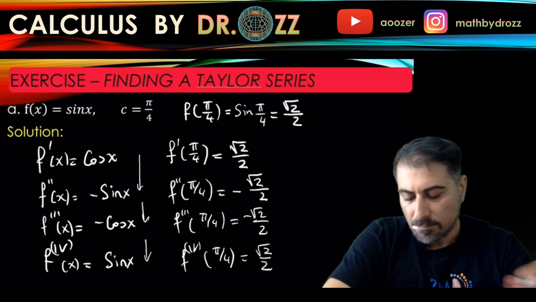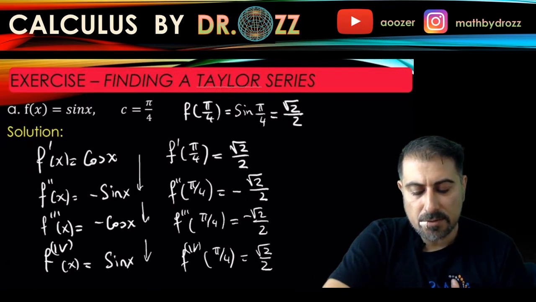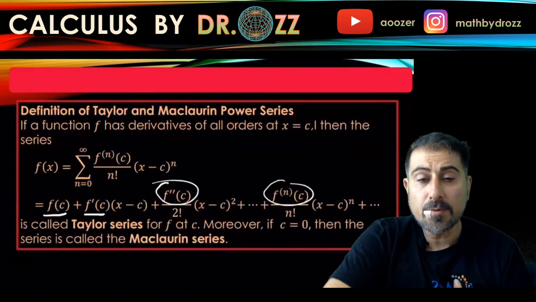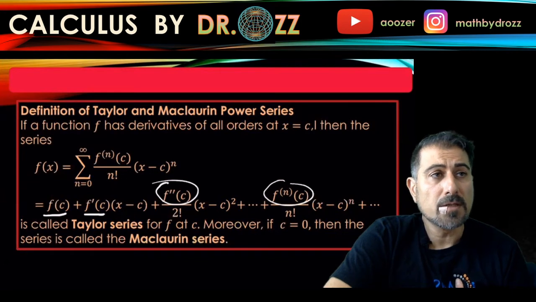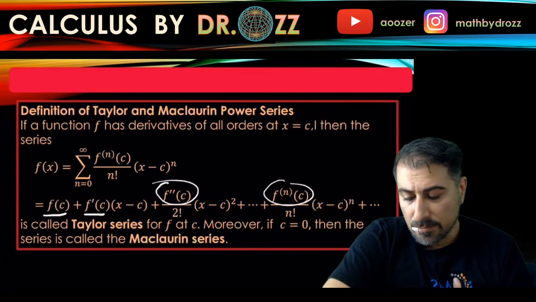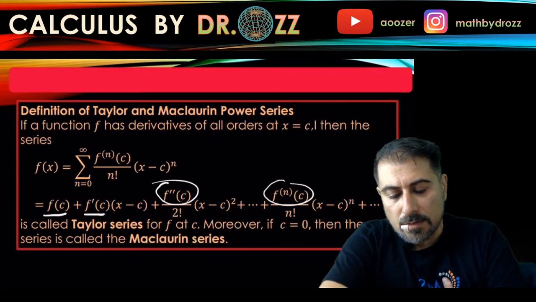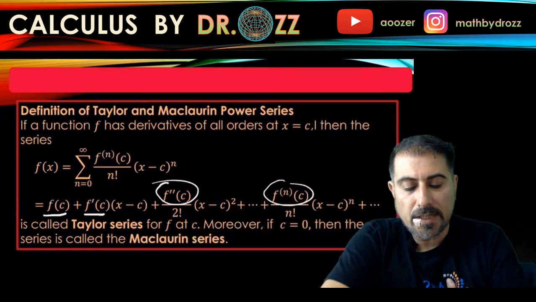All right. So going back to this description here, I have all the values of f evaluated at the center point, right? In our case, it's pi over 4. We can go ahead and represent the Taylor expansion of sine x.